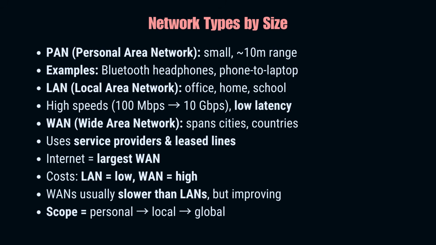Local area networks, LANs, connect devices in a single location like homes or offices, featuring single organizational ownership, high speeds from 100 megabytes to 10 gigabytes, low latency for fast response times, and limited geographical coverage using Ethernet and Wi-Fi technologies. Wide area networks, WANs, connect networks across large geographical distances using multiple service providers, typically offering lower speeds than LANs, but improving with fiber technology. They have higher latency due to distance and higher costs, with the Internet being the ultimate example of a WAN connecting networks globally.